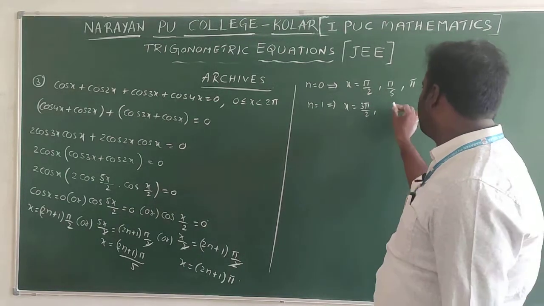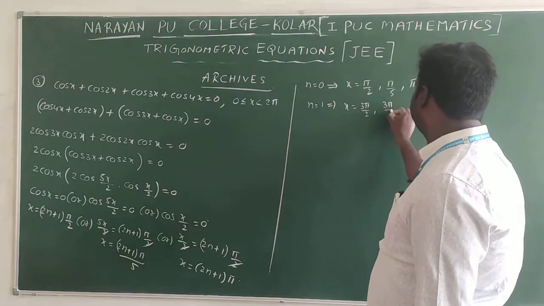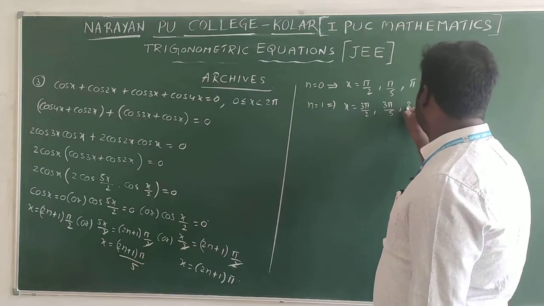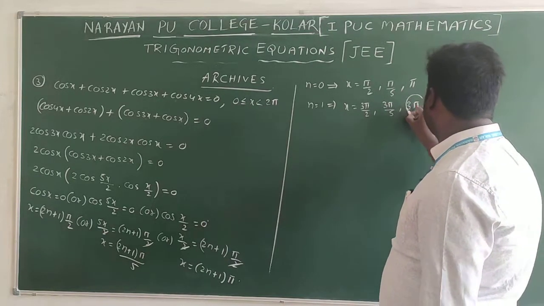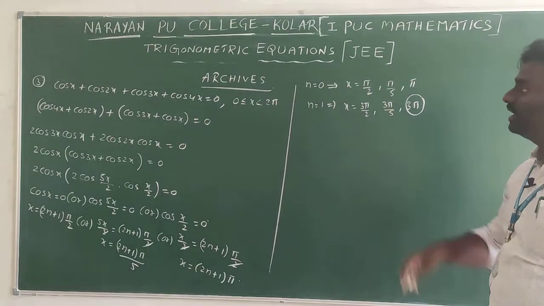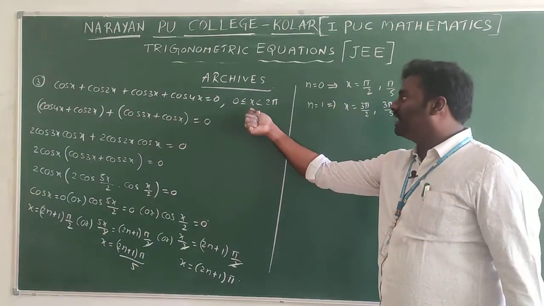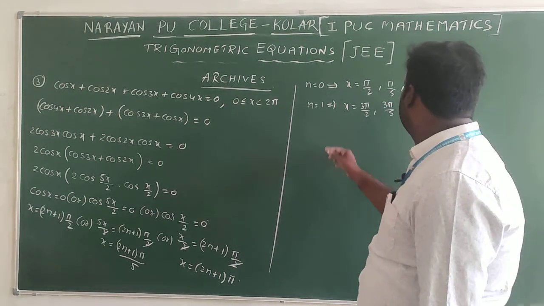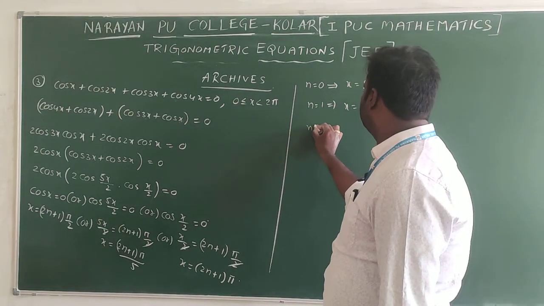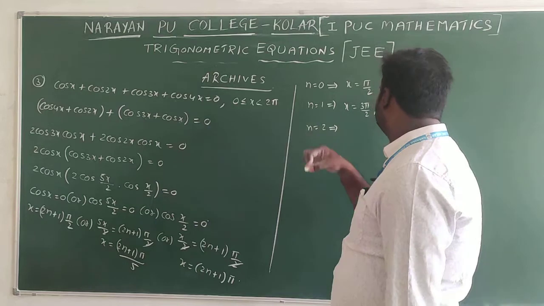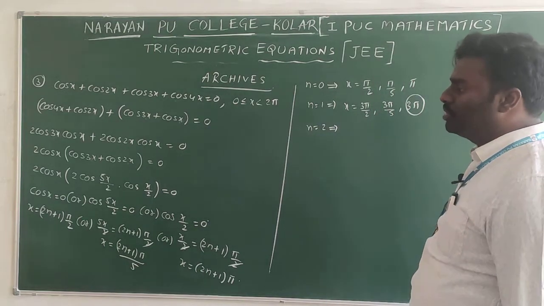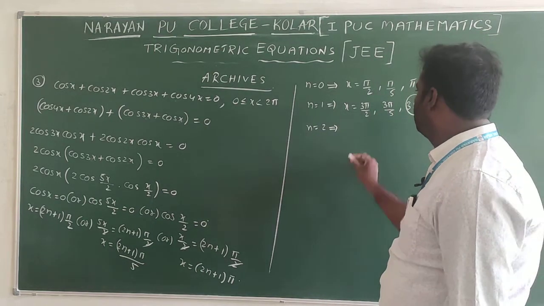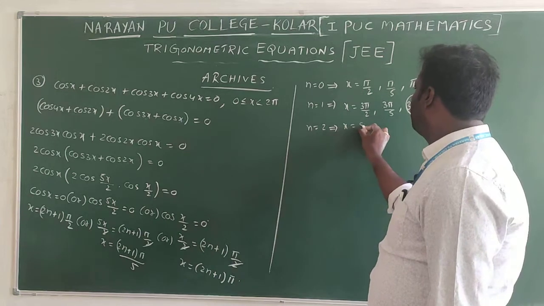Next, 3 pi by 5. 3 pi you will get, but 3 pi is not in that range, because they have given 0 less than or equal to x less than 2 pi. Below 2 pi only we need to take. Next, n value 2. So 2 twos are 4, 4 plus 1, 5 pi by 2.